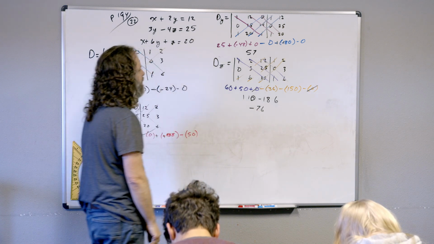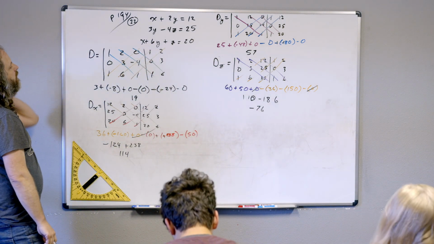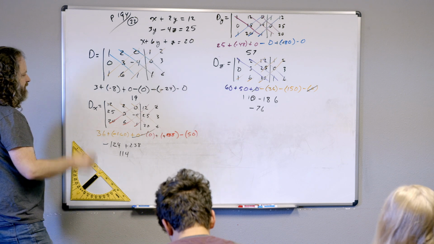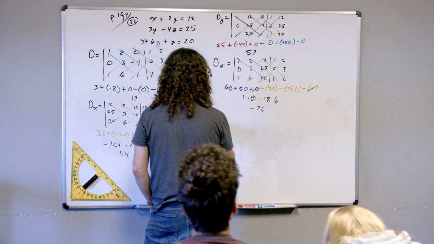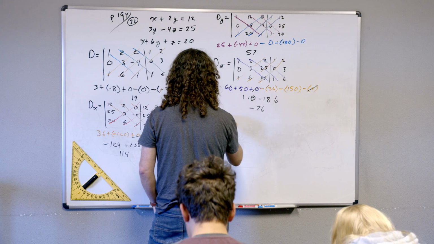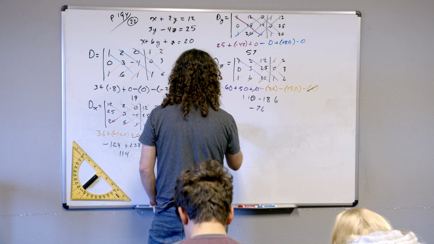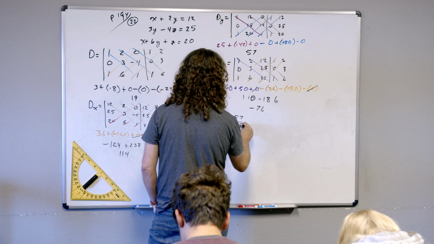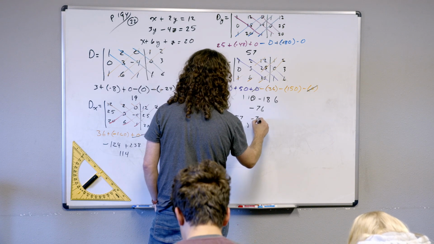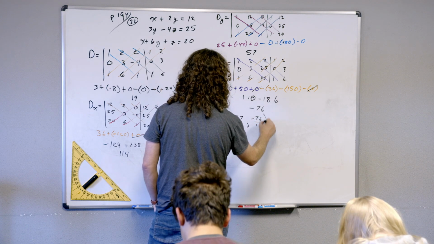Does it sound right? Did we make a mistake? Sounds good. Okay. Now what? Now we do the... Yeah. So our final answer is going to be 114 over 19 and 57 over 19 and negative 76 over 19.